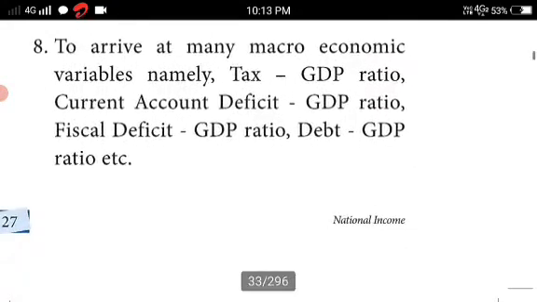To arrive at many macroeconomic variables, namely tax to GDP ratio, current account deficit to GDP ratio, fiscal deficit to GDP ratio, and debt to GDP ratio, etc. So how are these arrived at? Through national income, we can understand these. So, these are the importance of national income analysis.